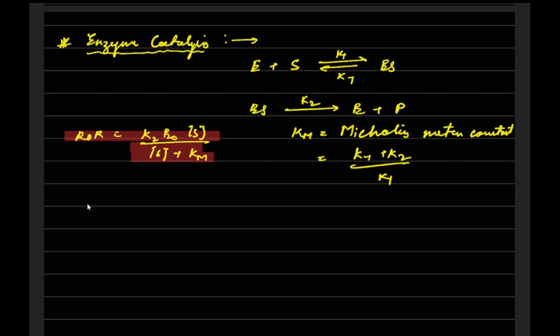So in the graph, in case the concentration of S is greater than Km, then the rate of reaction is equal to K2 E naught, because Km is approximately equal to 0, and S and S cancel to give K2 E naught, which is also R max.